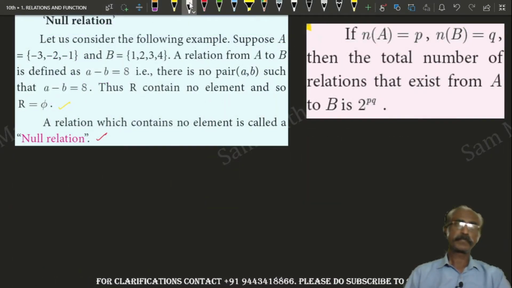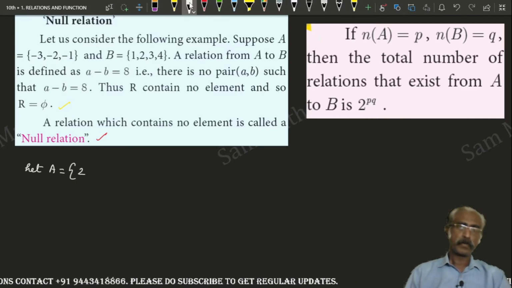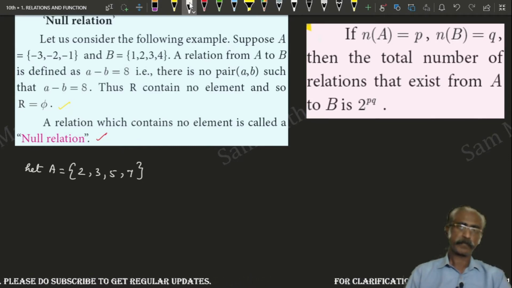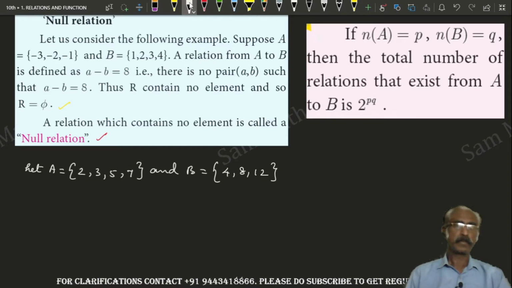Listen. Let A is equal to {2, 3, 5, 7} and B is equal to {4, 8, 12}. Clear, children?